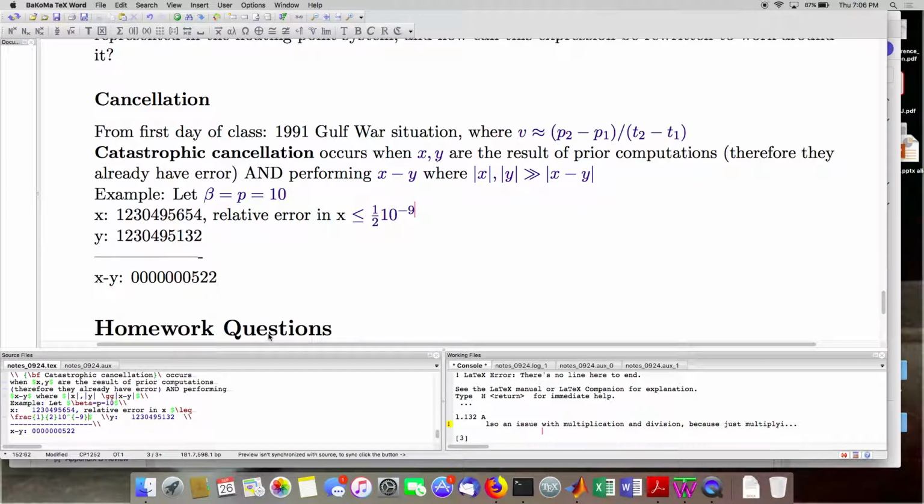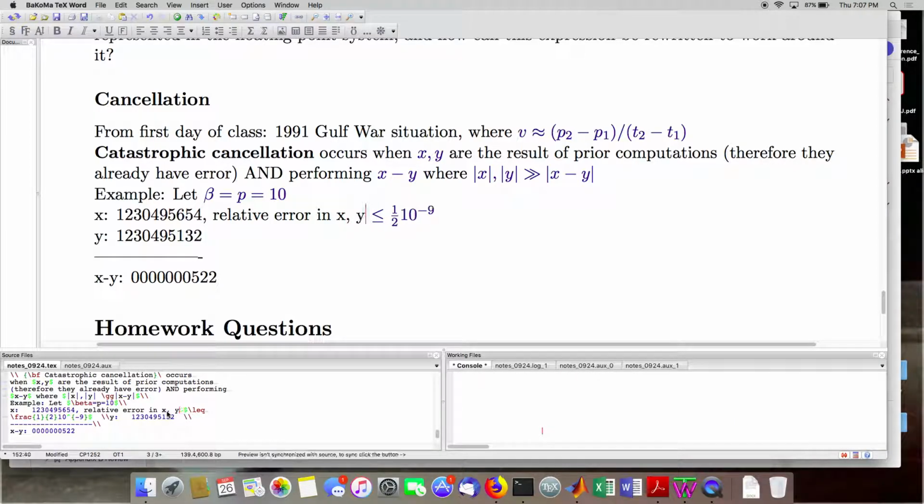What's happening here, and this is true not just of x but of y, is that whatever the result of the prior computations, we have some result and the exact real number. Then we have to truncate it to represent it in the floating point system. So rounding error occurs in x and y, but that rounding error is at most this.